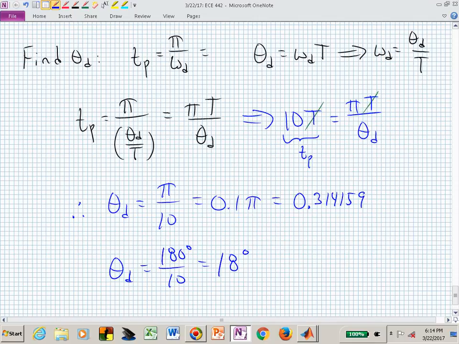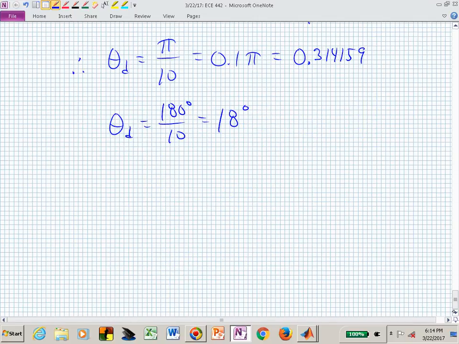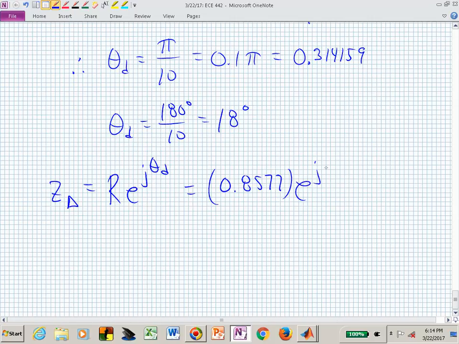I know the radius is 0.8577, and my angle is 18 degrees, so I now have this 0.8577 e to the j, let's say pi over 10, or this is now 0.8577 e to the j 18 degrees.